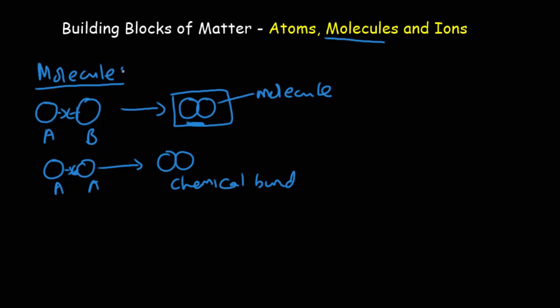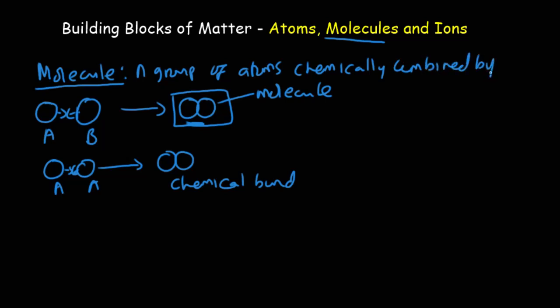So a molecule can be defined as a group of atoms chemically combined by a chemical bond. That is what a molecule is. A group of atoms chemically combined by a chemical bond.